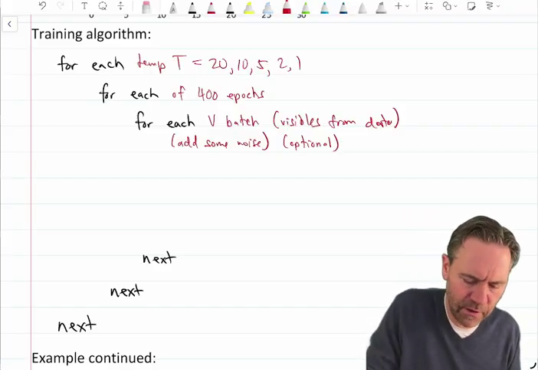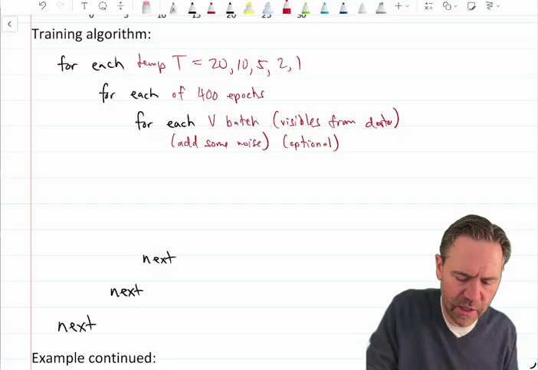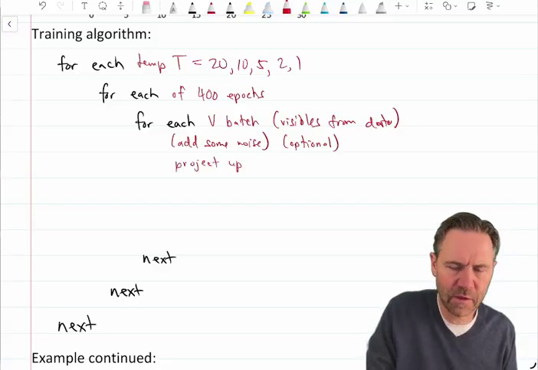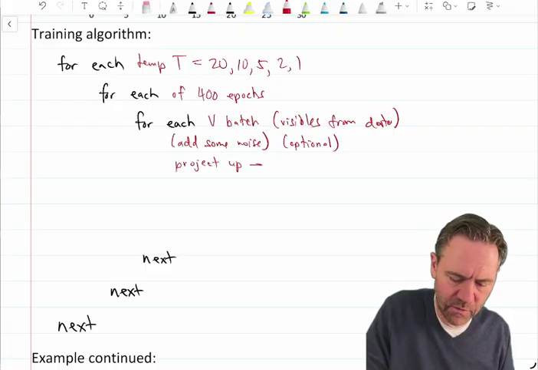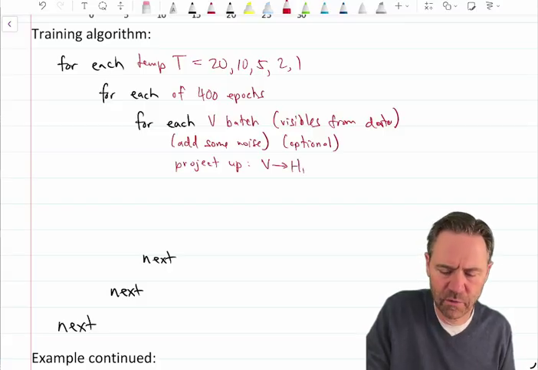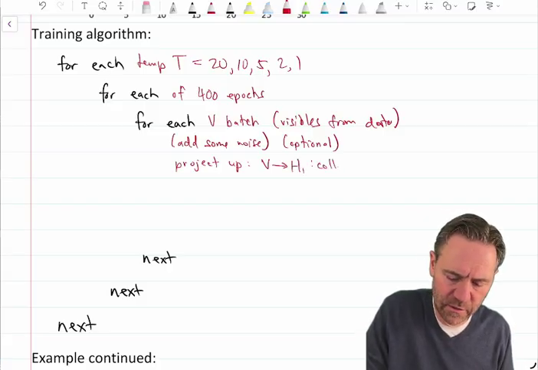Now, following this contrastive divergence strategy, we project the visibles up to the hidden. Visibles go up to hidden states, H1, and then we collect S1.